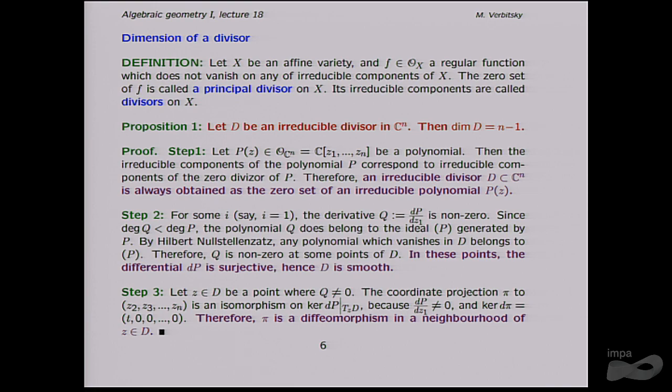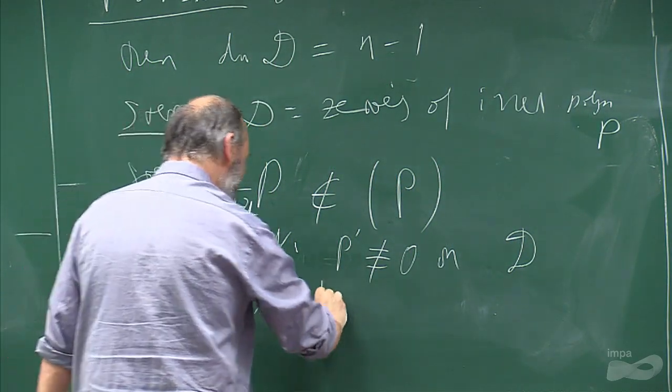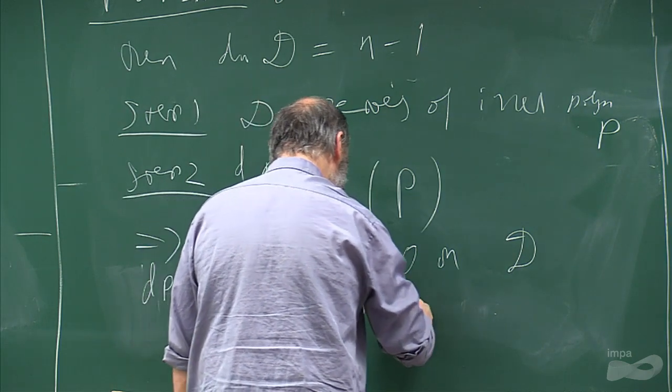But for some variable, it is non-zero. I mean, p definitely depends on one of the variables non-trivially. And we take the variable, and I would renumerate it as 1. Okay. Then dp by dz1 is non-zero. And then D has a smooth point.